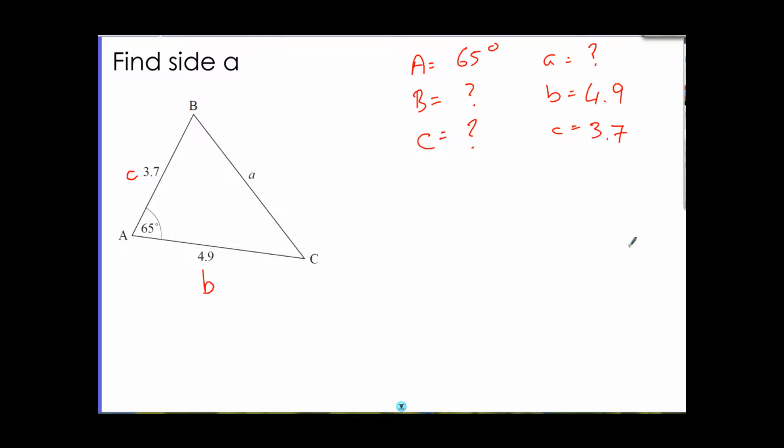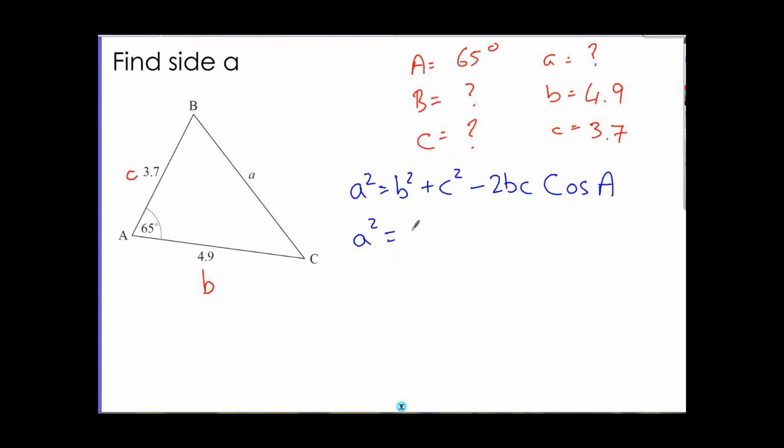So returning to our original problem, we can't use the sine rule, so I'm going to use the cosine rule instead. a squared is b squared plus c squared, and then we just need to tack that little bit on the end as well. Take away 2bc cos A. Right, now just like with the sine rule, we just need to substitute in what we've got and then crunch the numbers.